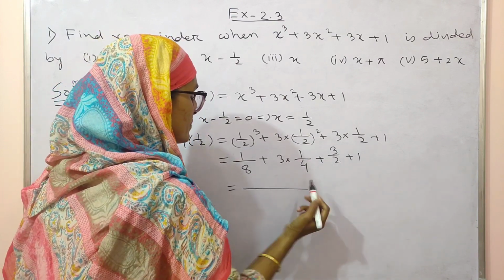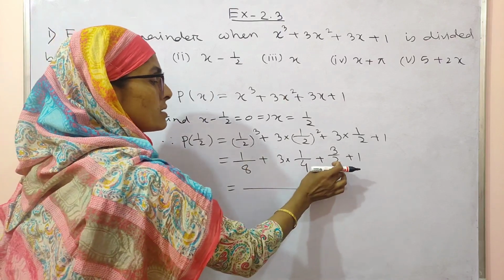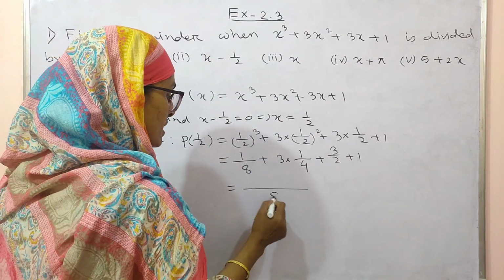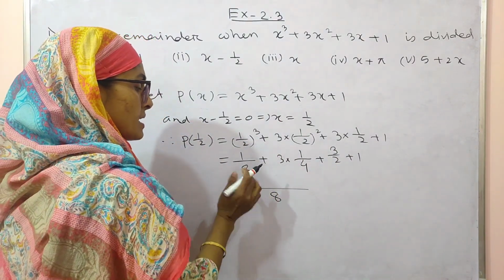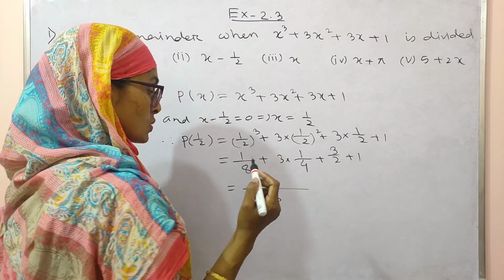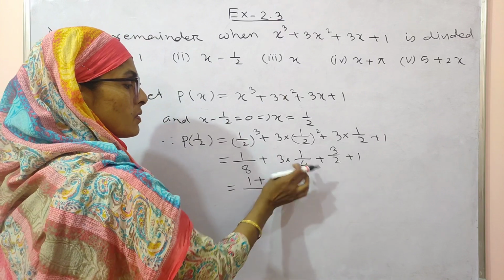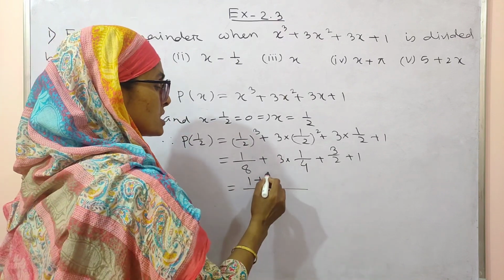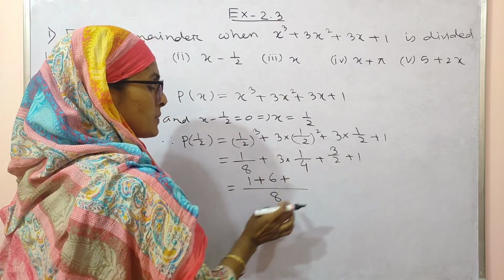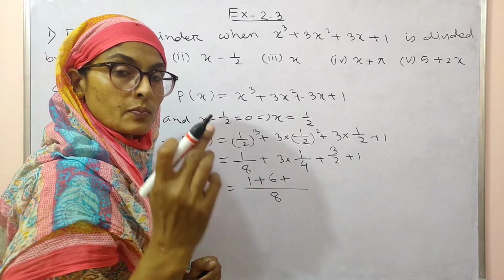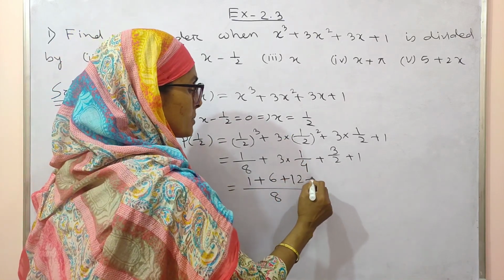Now take the LCM of 8, 4 and 2. So you will get 8. Divide 8 by 8 equal to 1, 1 into 1 equal to 1, plus. Divide 8 by 4, 2 times, 2 3s are 6, plus. Divide 8 by 2, you will get 4, 4 3s are 12, plus.